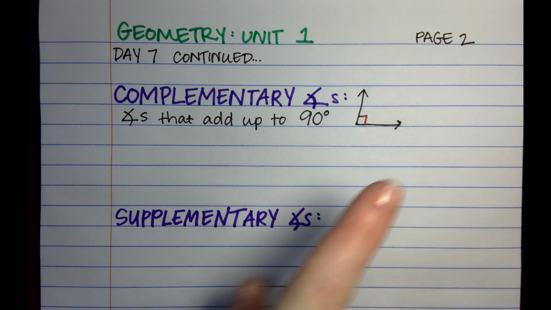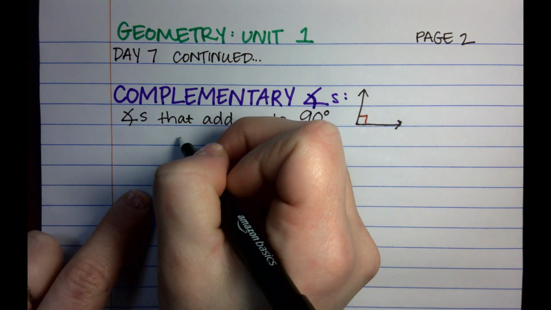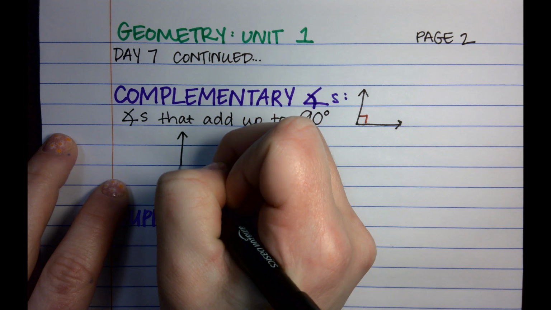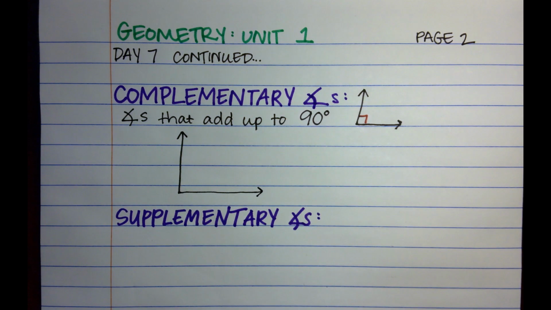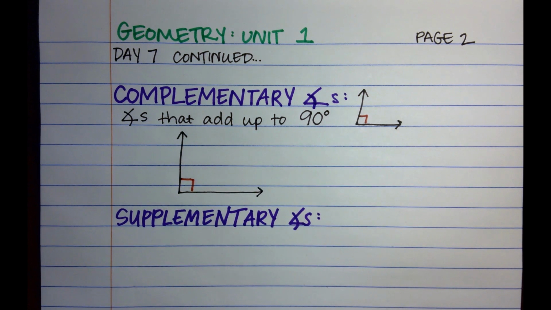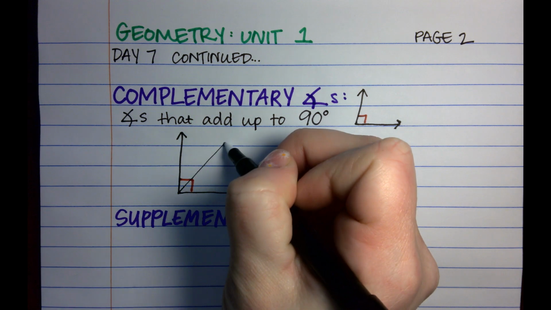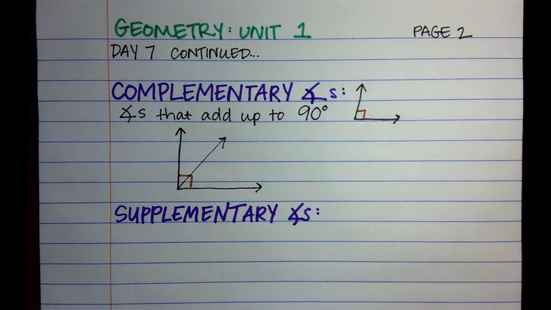So they have to add up to 90 degrees. So for example, here's what that might look like. They give you something like this. Okay.